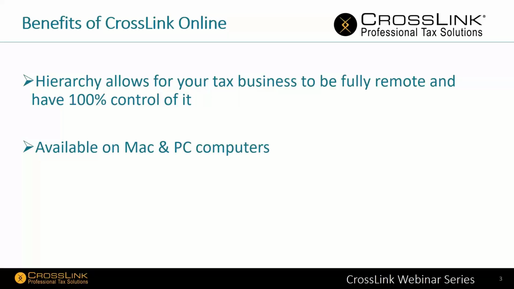With it being remote and online, it's available on both Mac and PC computers, and on all the main browsers out there: Chrome, Firefox, Edge. We really want to be universal with our online application, letting you access your tax software as long as you have a strong internet connection.